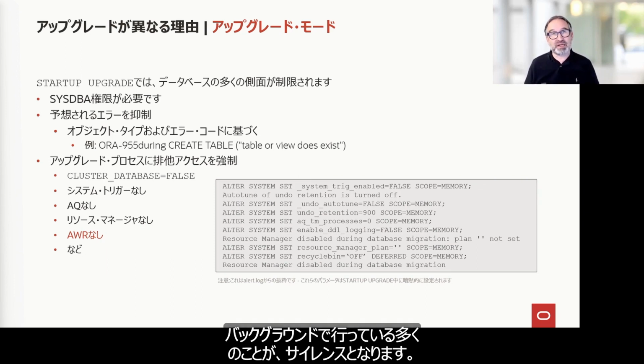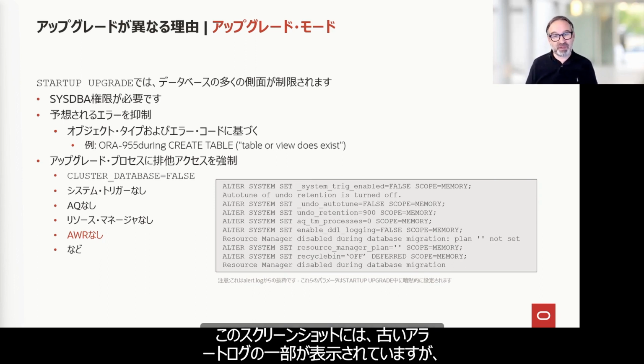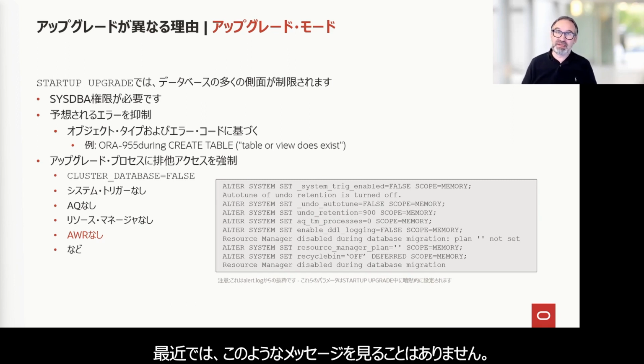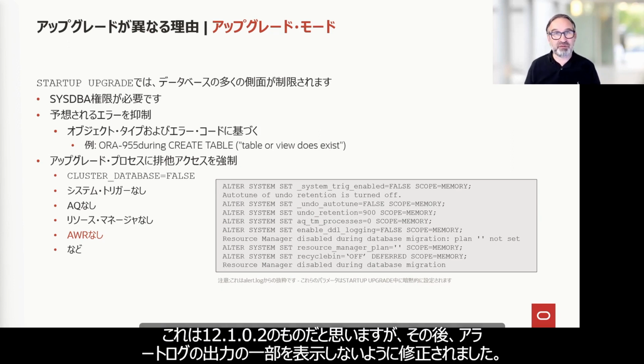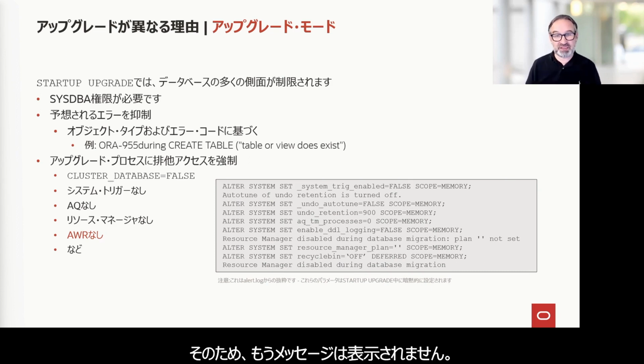What we do in the background here is we silence a lot of things. So here in that screenshot, you see a snippet from an old alert log. These days, you don't see these messages anymore. I think this was from 12.1.0.2, but later on, not from our perspective, there was a fix made to hide some of the output in the alert log, and so you don't see them anymore.